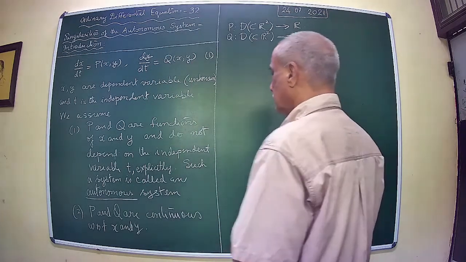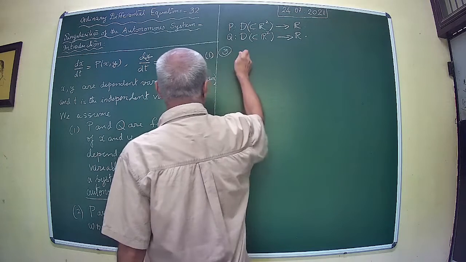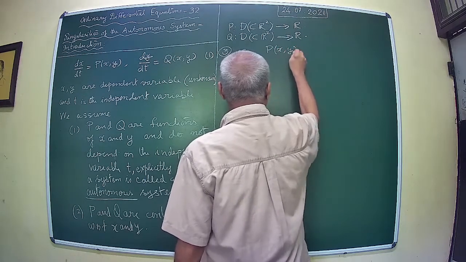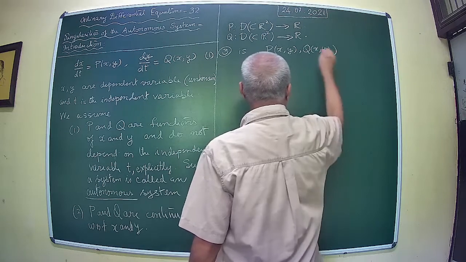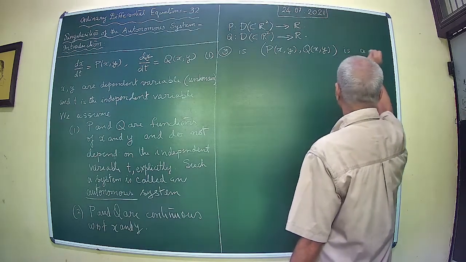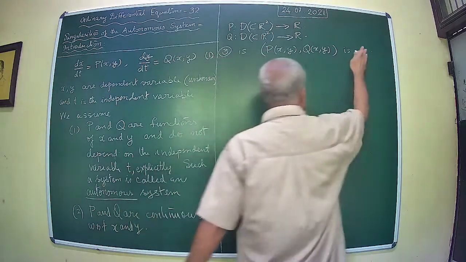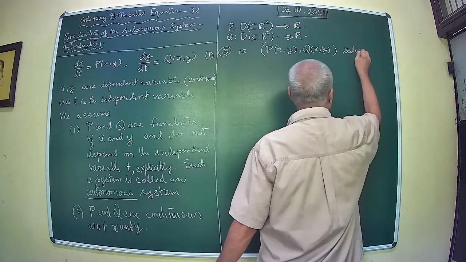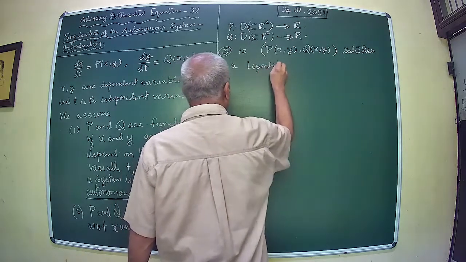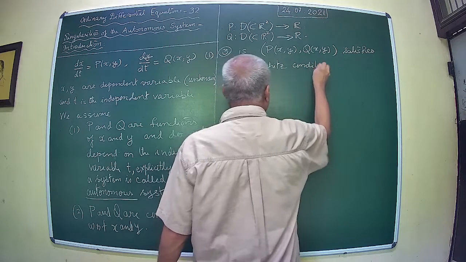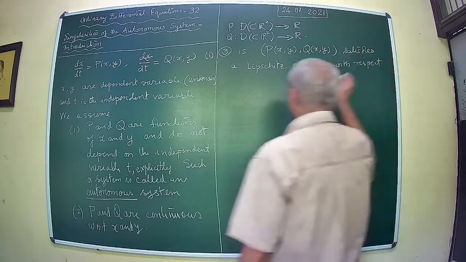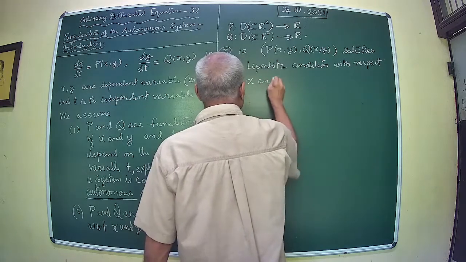That's one assumption. The third assumption that we make is that the vector P(x,y), Q(x,y) satisfies a Lipschitz condition with respect to y.